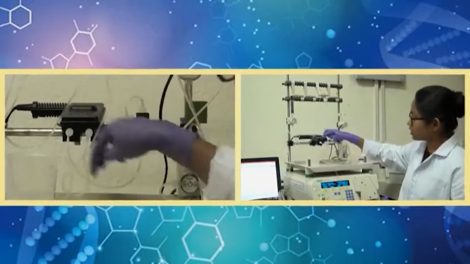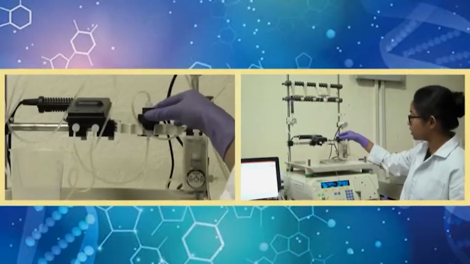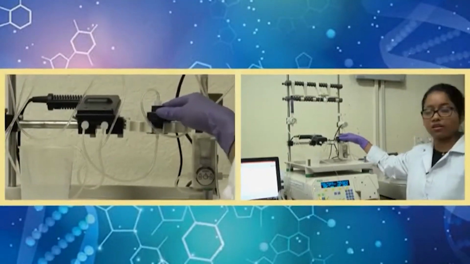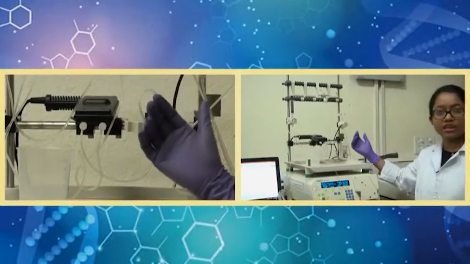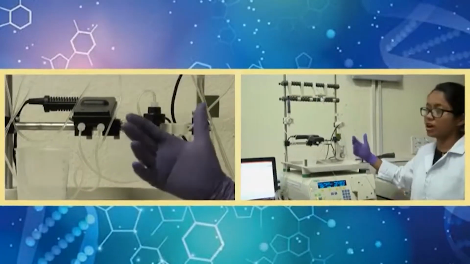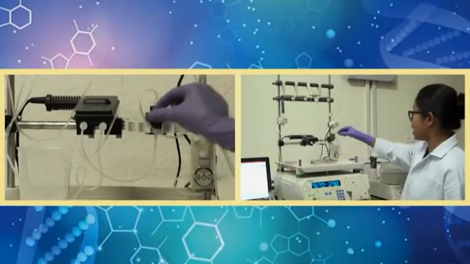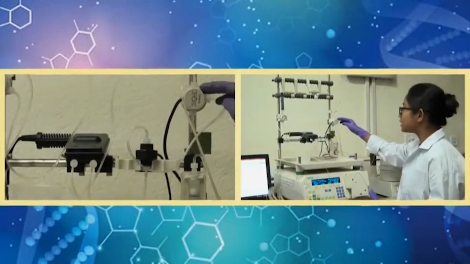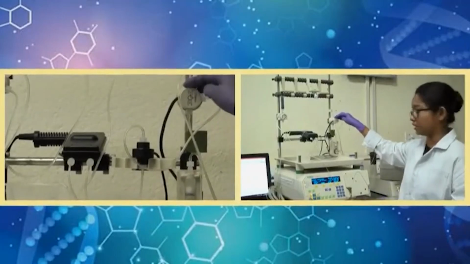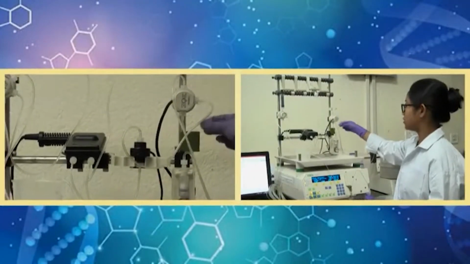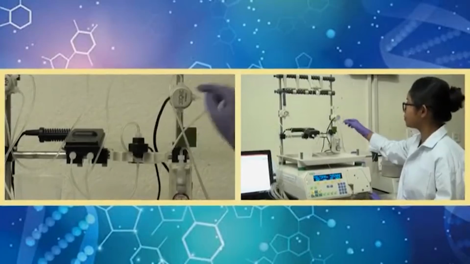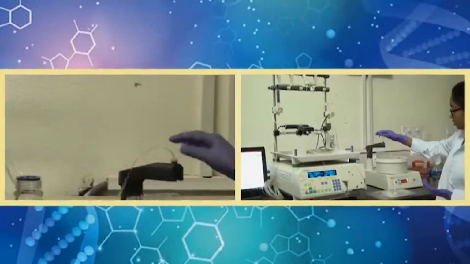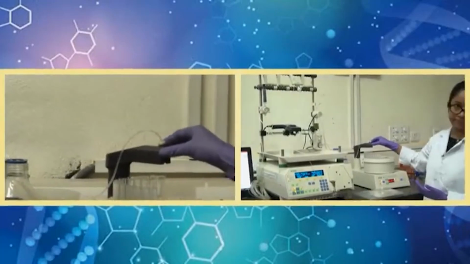After this UV box, the sample goes through the conductivity box, where you can measure the conductance of your sample, or how much salt you have in it. Then it goes to this valve where you can select whether you want to collect the sample or the solution. If you want to collect your solution, it goes directly to the column collector, where you attach this collector to the fraction collector system.